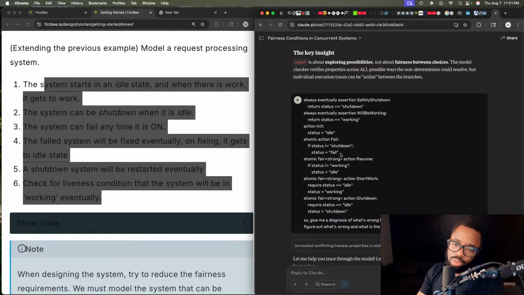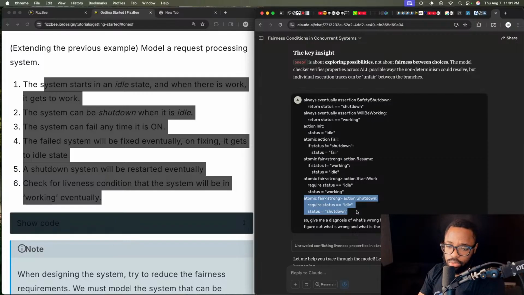Oh, but this is not. No, okay, never mind. Well, you can't get stuck at shut down. You'll have to transition to idle because of this. At least that's my understanding again of this due to the strong fairness.